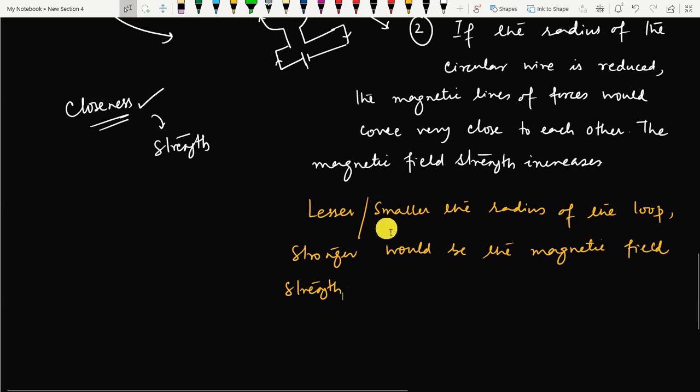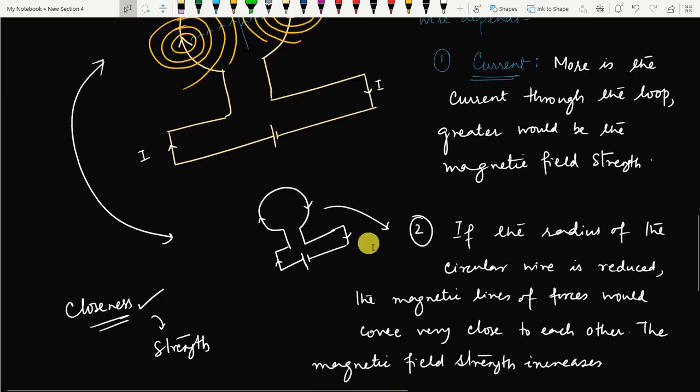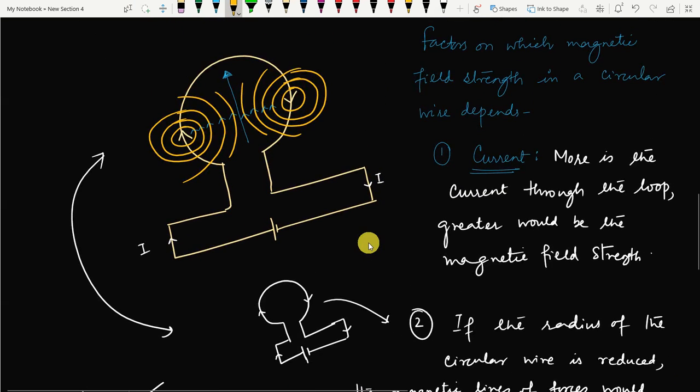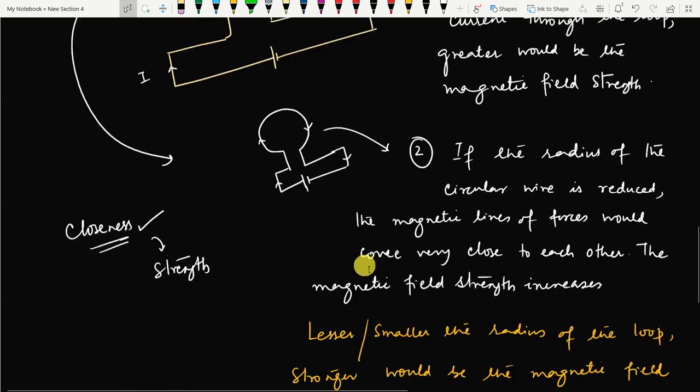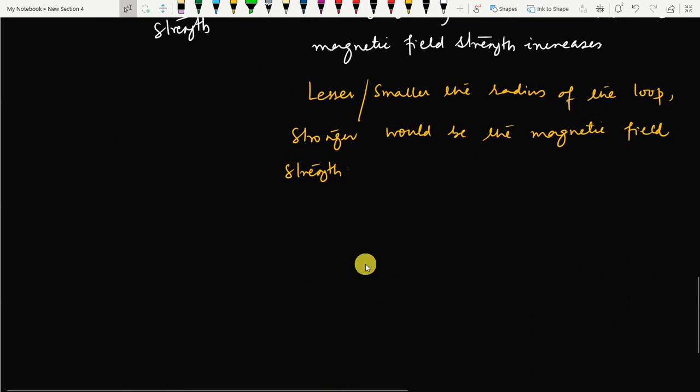Now a third factor. I have taken only one loop, one turn of wire. If I increase the number of turns, अगर हम इसमें वायर्स को एक टर्न की जगह और बहुत सारे टर्न्स कर ले, नंबर ऑफ टर्न्स, if I increase the number of turns, naturally the magnetic field would increase.